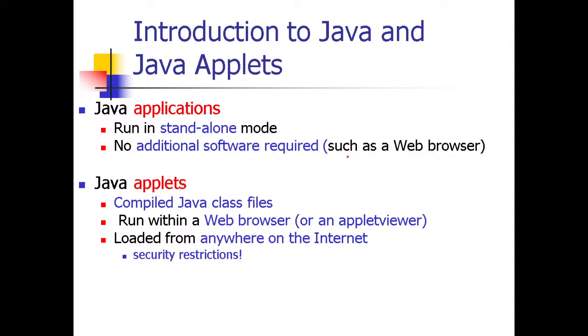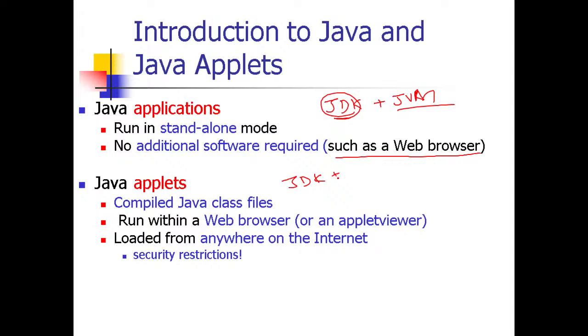For example, we don't need any browser. We need only the JDK, that is compulsory, plus the JVM. JDK is the Java Development Kit and JVM is the Java Virtual Machine. Both are required to execute a Java application program.